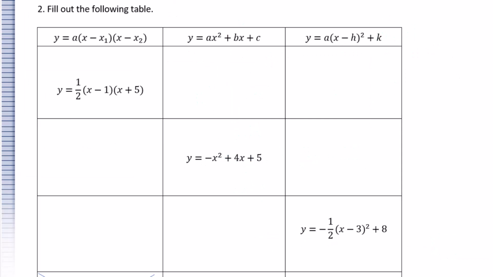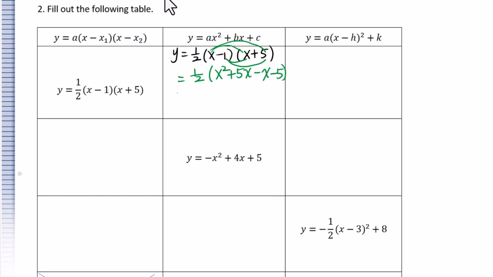Let's fill out the following table. y equals 1/2 times (x minus 1) times (x plus 5). We want to change this into standard form. We will use FOIL to work out x minus 1 times x plus 5. This 1/2 stays: x squared plus 5x minus x minus 5.